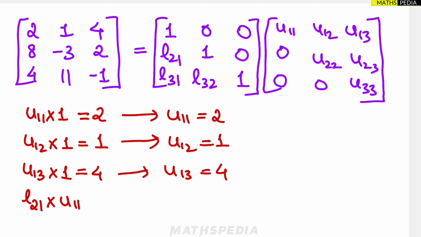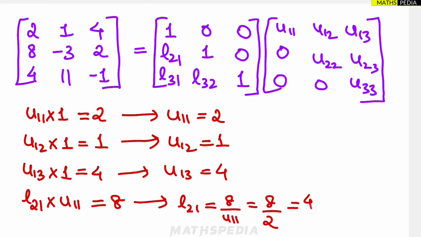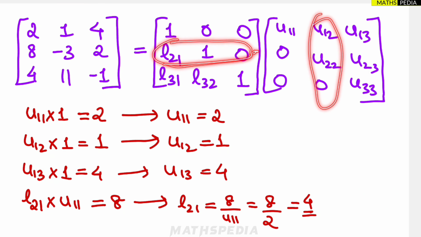So 8 is the element, right? So it will be 8. Already we have the value of U11, right? So you can substitute the U11 value, which is nothing but 2. That means L21 is equal to 8 divided by U11, that is 8 divided by 2. So we are getting the value as 4.